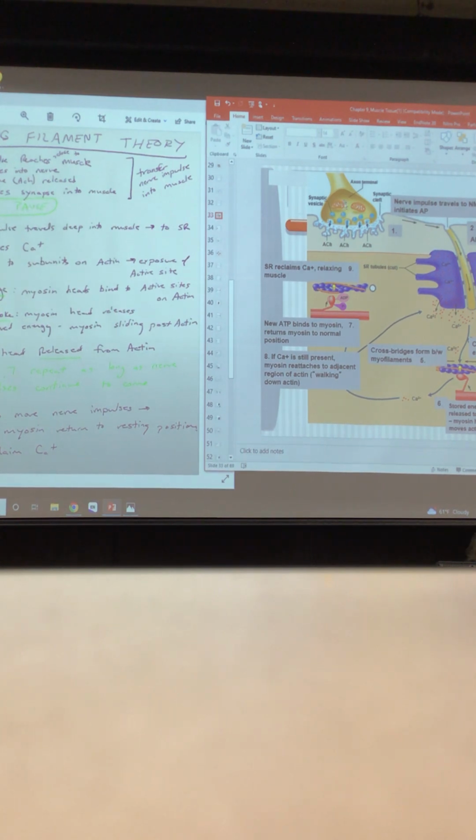Whenever there's no longer nerve impulses, there's no longer calcium, and the actin and myosin will boing back to resting position because they're elastic. And then the SR, the sarcoplasmic reticulum, will pick up the calcium and store it for next time.